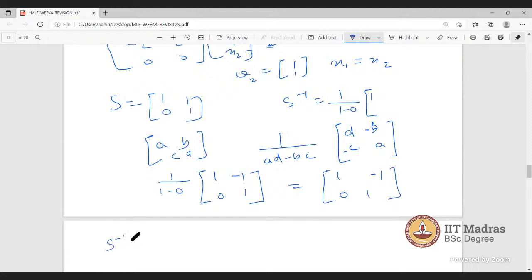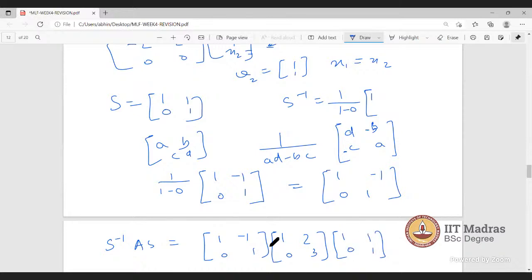Now, if you do S inverse A S, you put this 1, minus 1, 0, 1, and then A, which was 1, 2, 0, 3, and S was 1, 1, 0, 1.